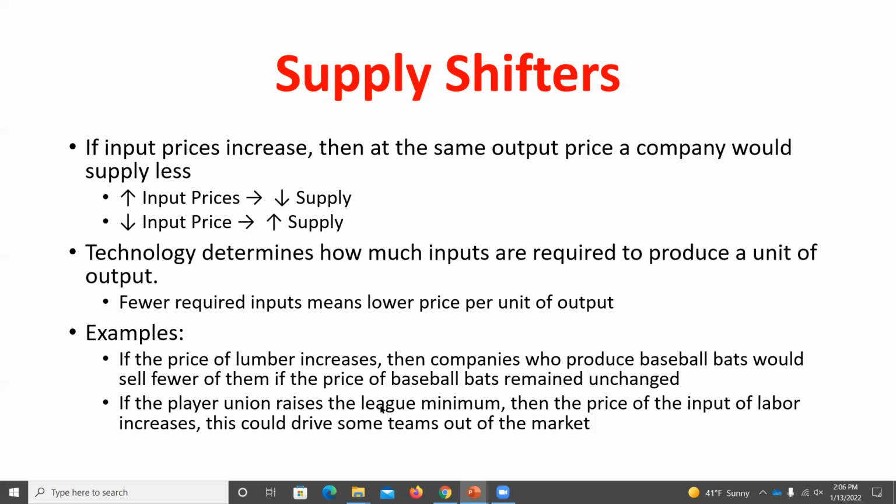In a lot of different sports leagues, the union has gone to bat for some of the lower quality players and said, look, we realize the bench players aren't really contributing a whole lot to our team's success on paper, but we want to ensure that anyone working in this league earns a certain amount. So they set these league minimums, where you can't sign a player for less than this. What's that going to do to the overall labor cost to these teams?